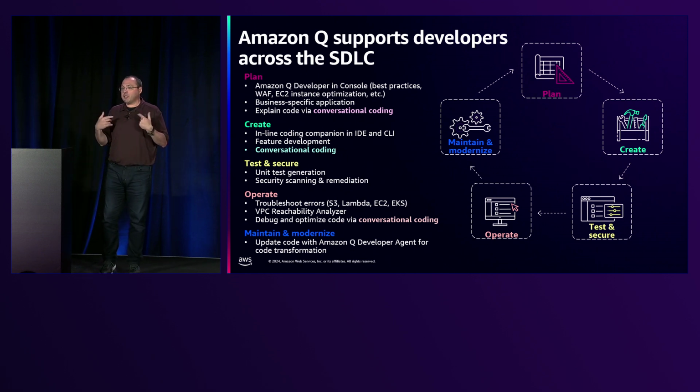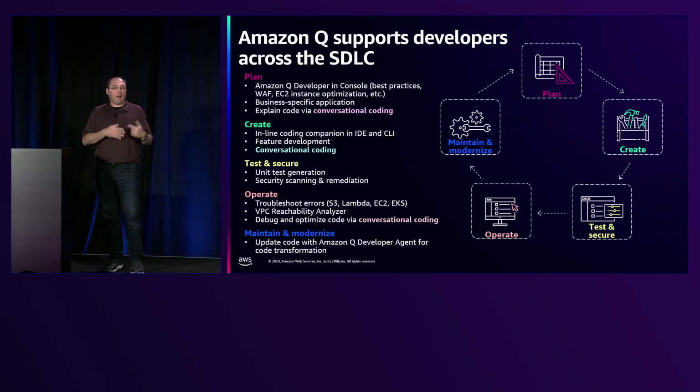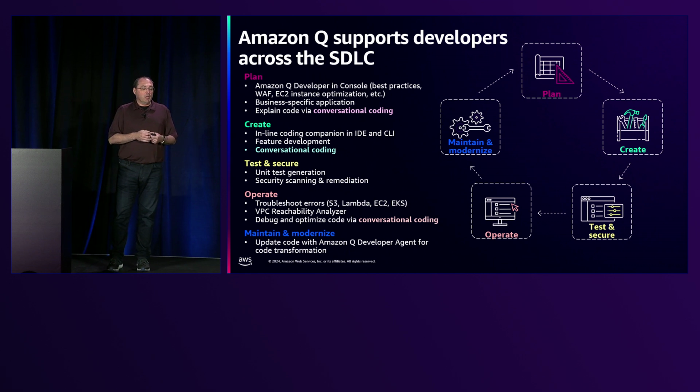I need some refreshers on exactly what's going on in here, what patterns were being used, how has the software been architected. So I can use Q at that point to really dig into the details and explain to me what it is that I have in front of me, so that I can be effective when I'm ready to make that change.